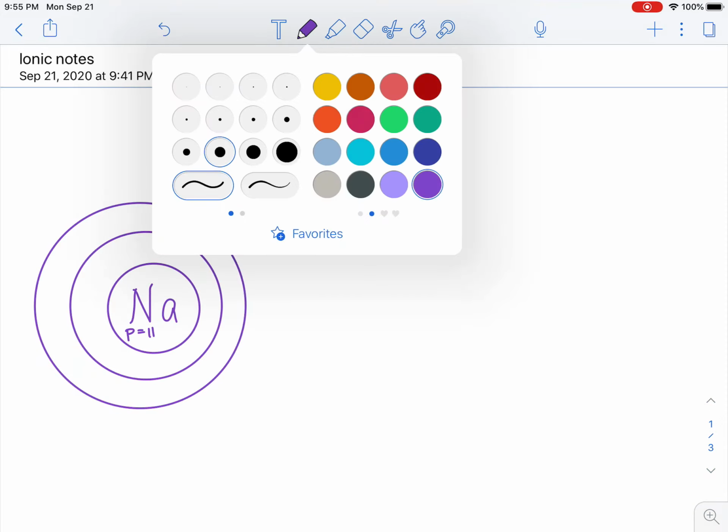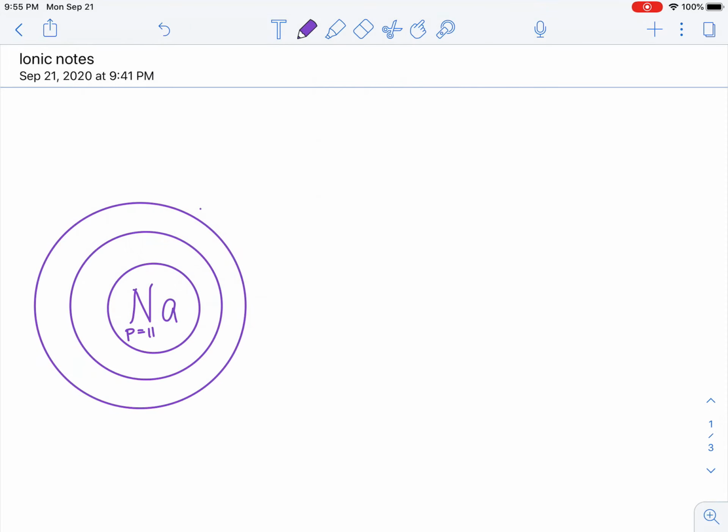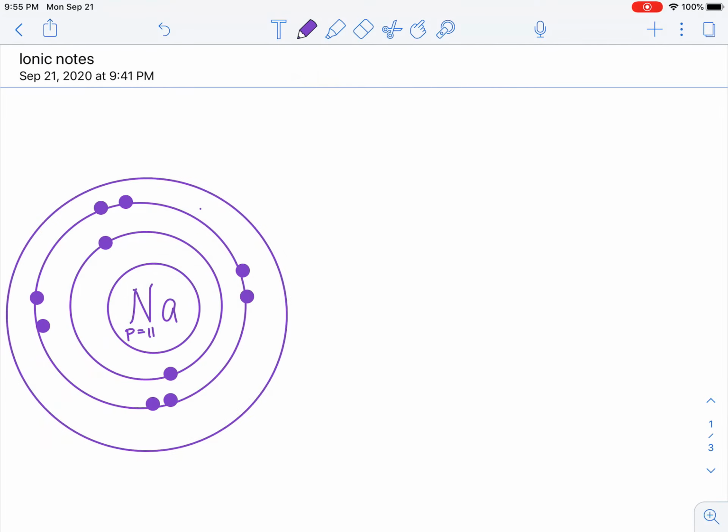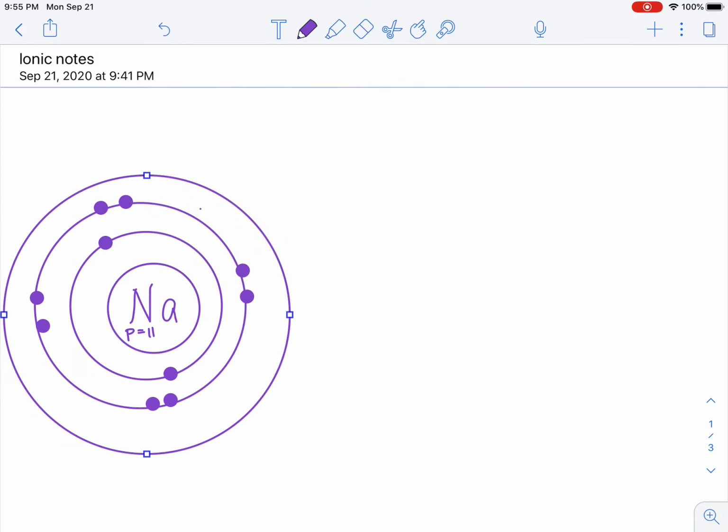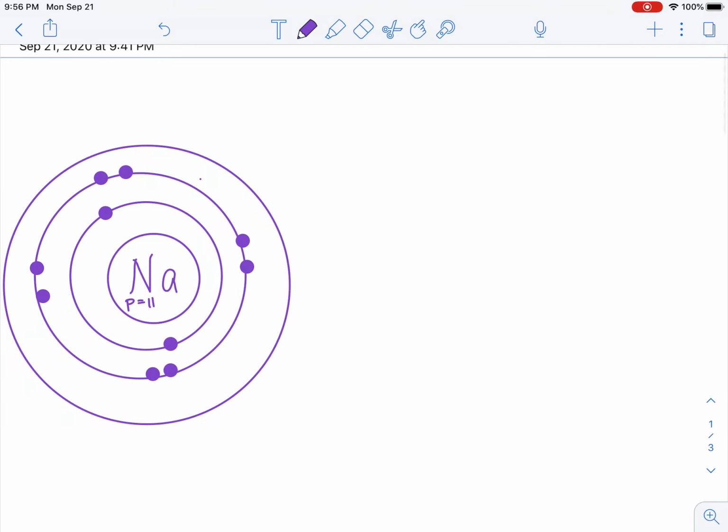So let's do that. First one, 1, 2, 3, 4, 5, 6, 7, 8, 9, 10. Forgot to draw another orbital. Second mistake of the lecture, if you're counting at home. So currently I'm at 2, 8, 10. There's my 11th electron.